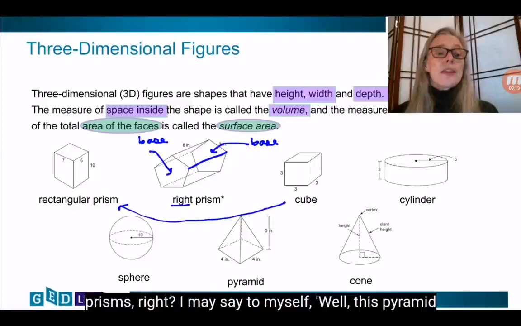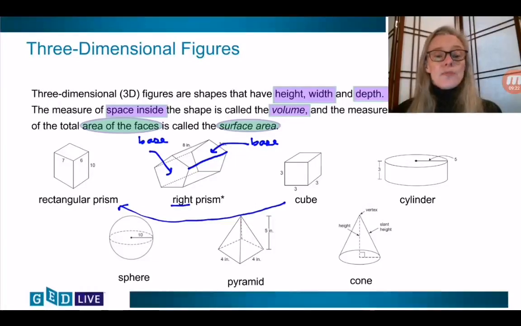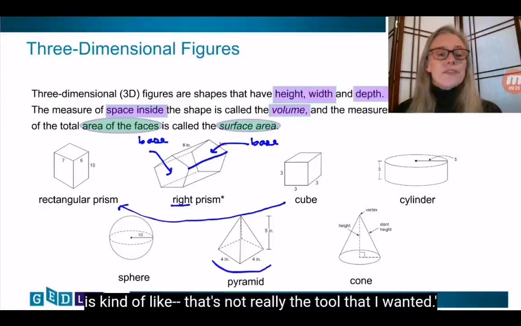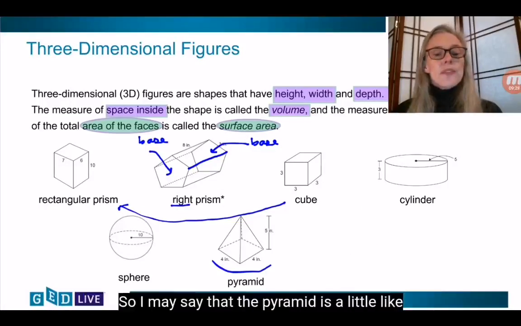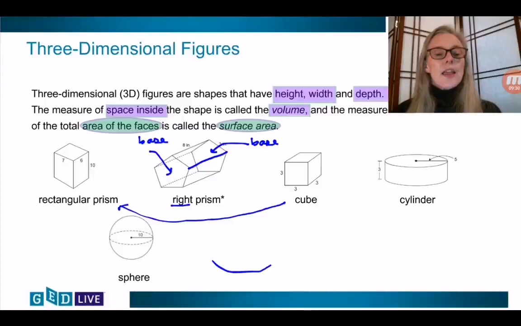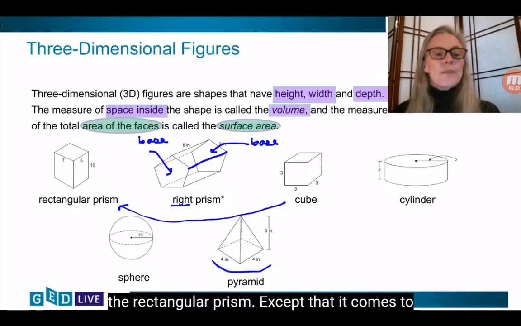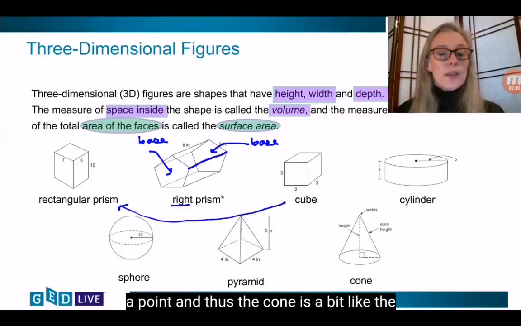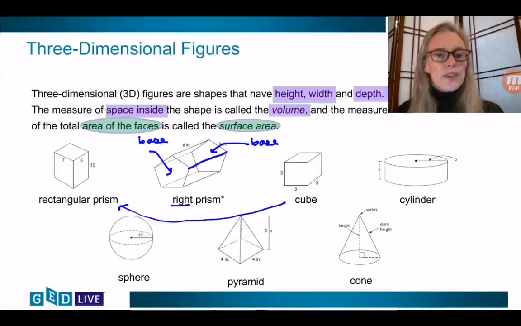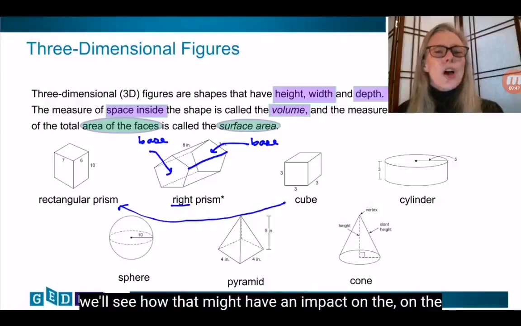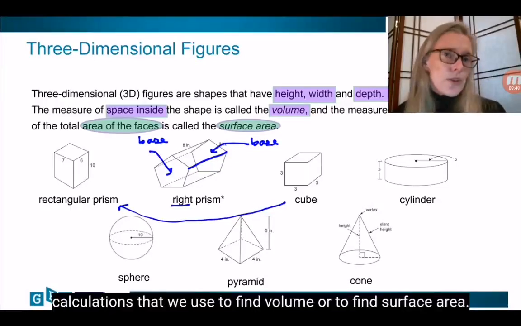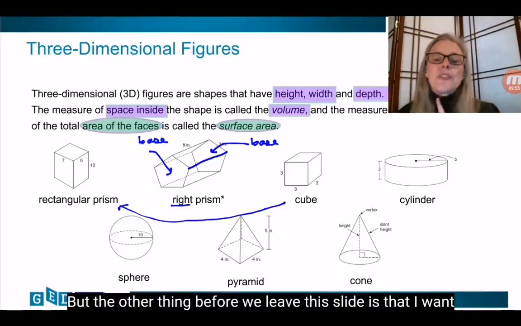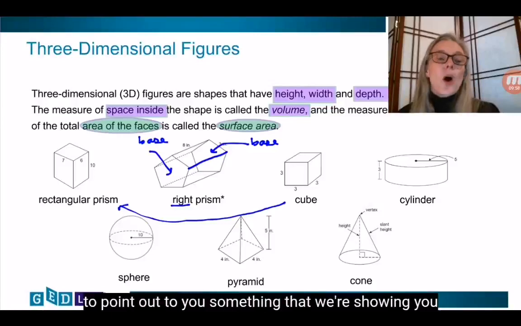So I may say that the pyramid is a little like the rectangular prism, except that it comes to a point, and the cone is a bit like the cylinder, except that it comes to a point. So we'll see how that might have an impact on the calculations that we use to find volume or to find surface area. But the other thing before we leave this slide is I want to point out to you something that we're showing you on the cone.